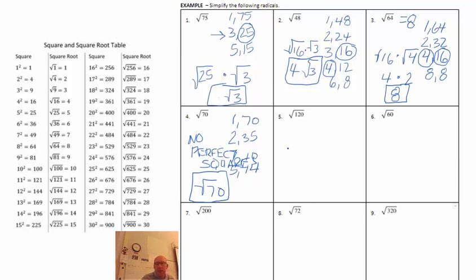Number 5. Again, our factors here are 1 and 120, 2 and 60, 3 and 40, 4 and 30, 5 and 24, 6 and 20. Got a long list here. 8 and 15, 10 and 12.